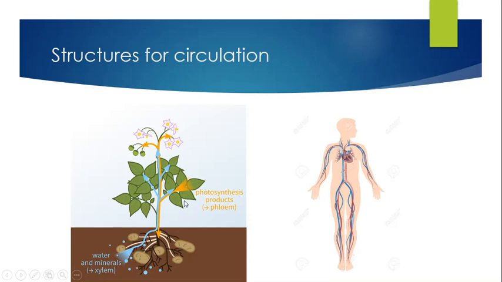Another structure in plants: we have xylem and phloem. The xylem transports water from the roots to other parts of the plant, and the phloem transports food, mainly sugar, from the leaves to flowers, sometimes to the roots and other parts of the plant.